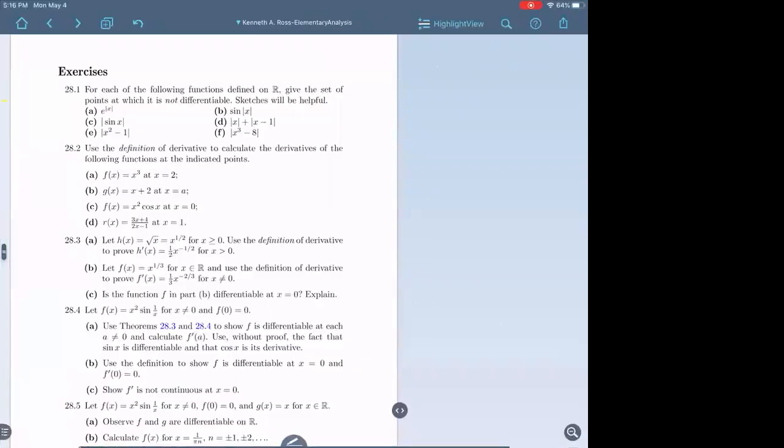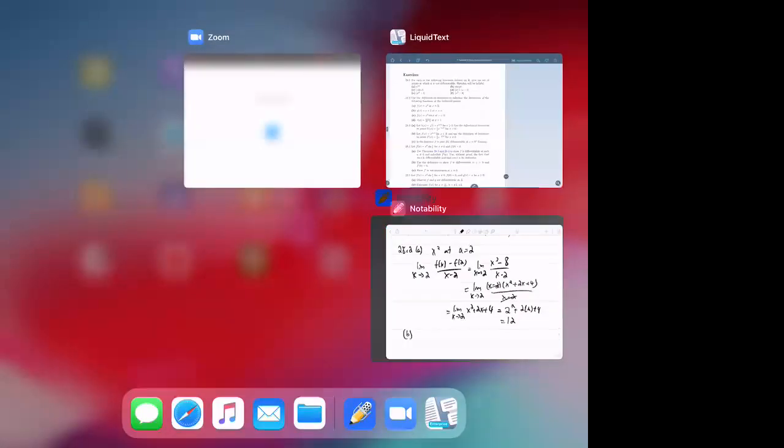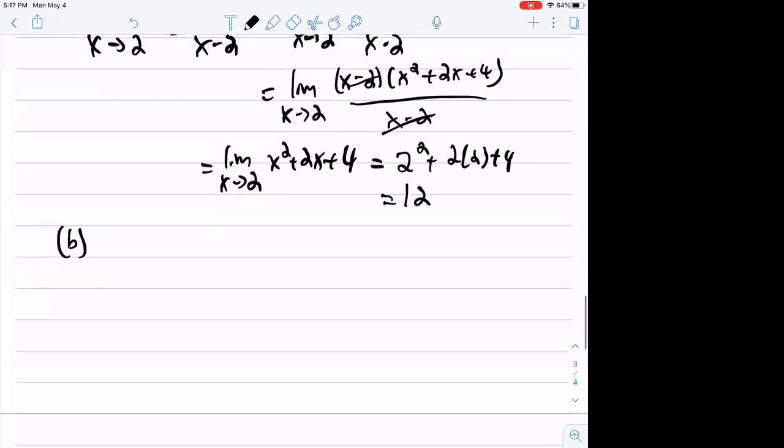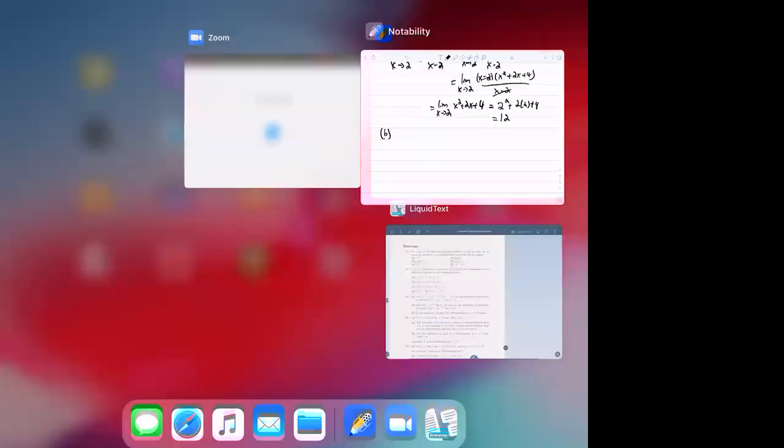Any questions? Okay. So they want x plus 2 at a. So a is arbitrary in this case. Let's do that. So x plus 2. So, do they call it f?